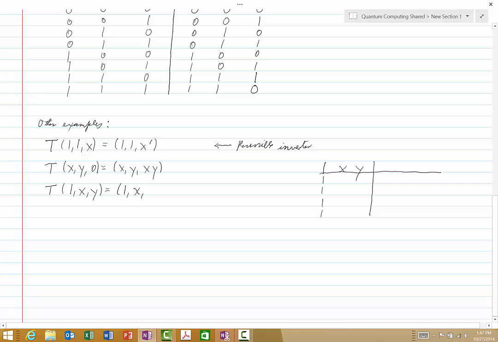And so we can have 0, 0, 0, 1, 1, 0, and 1, 1. And now what will our output be? I'll say first output, second output, third output.